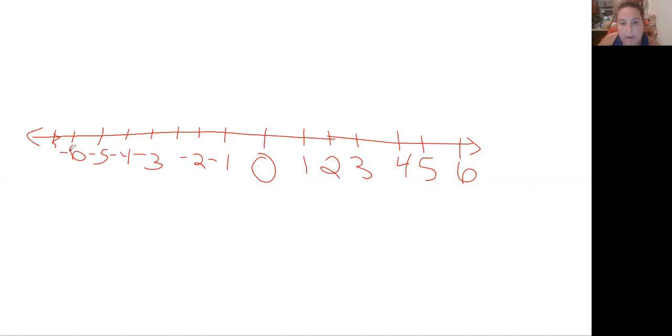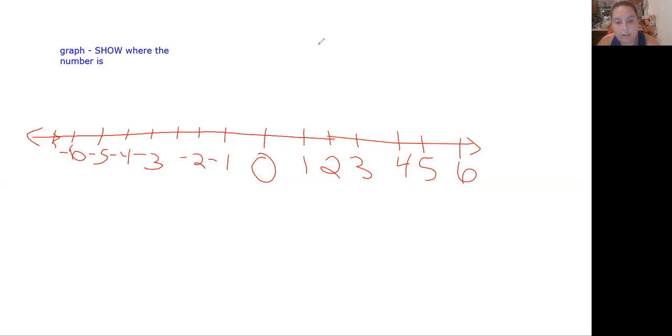So when you have the word graph, that word basically means show where the number is. So if I were to say graph 1, hold on, let me change the color here.